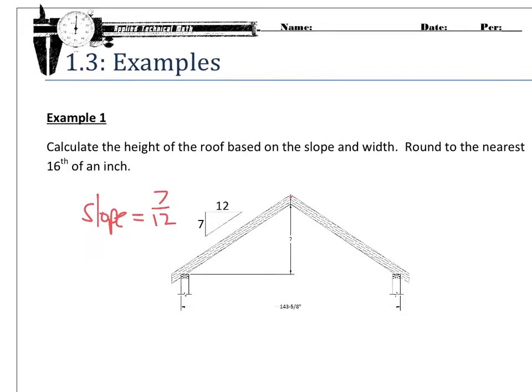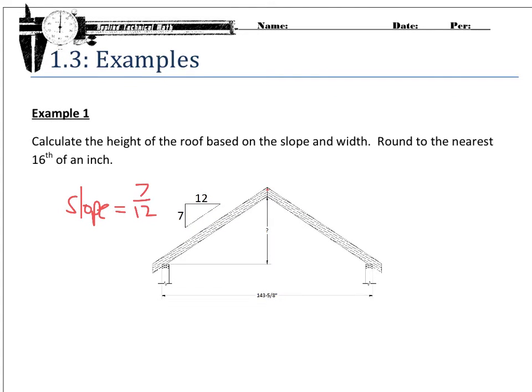So the first thing we need to do here, well, let's read the question. We want to calculate the height of the roof based on the slope and the width. Slope is given to us, and the width is here. We're going to go halfway across the roof, and then go up to the peak. We want to know how high that peak is.